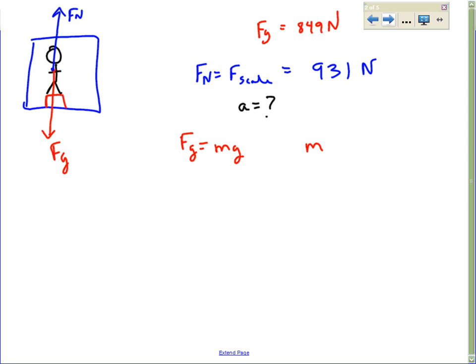So mass is equal to the weight divided by acceleration due to gravity. So we have 849 newtons divided by 9.8 meters per second squared, and the mass of this student is 86.6 kilograms. We'll need that a little later.